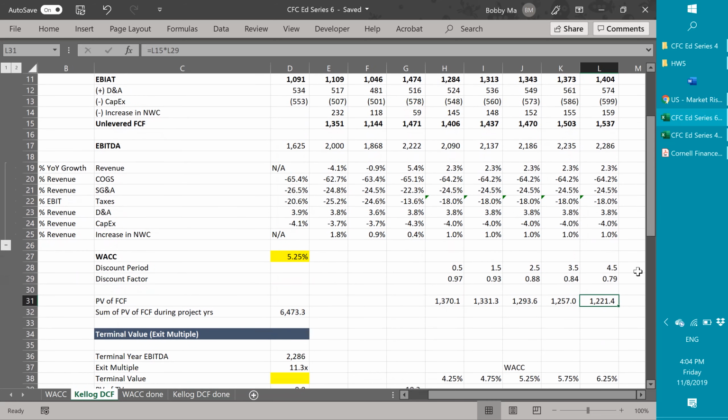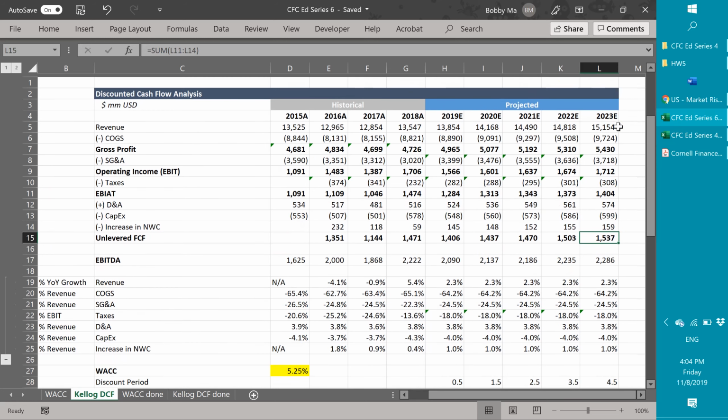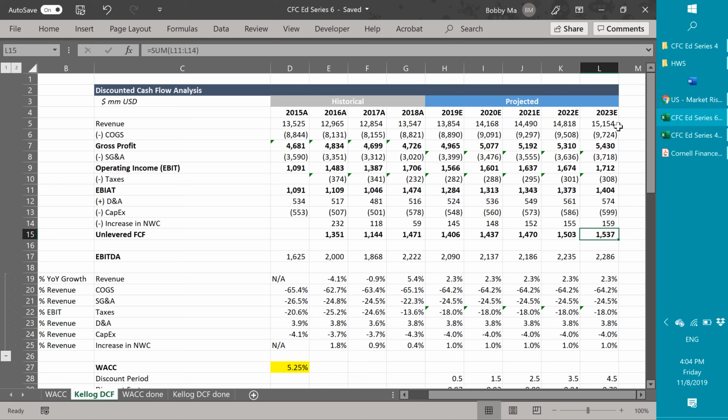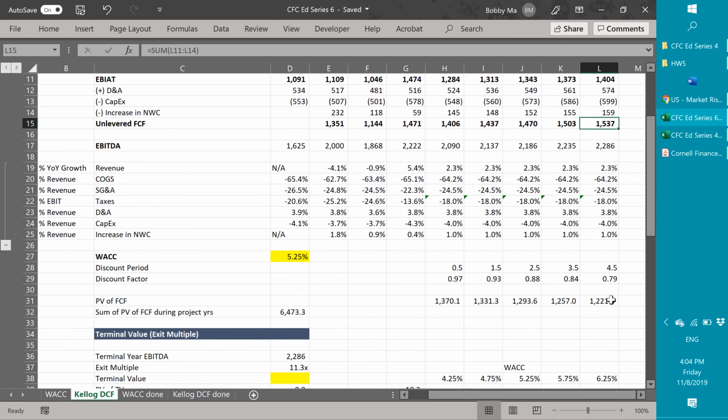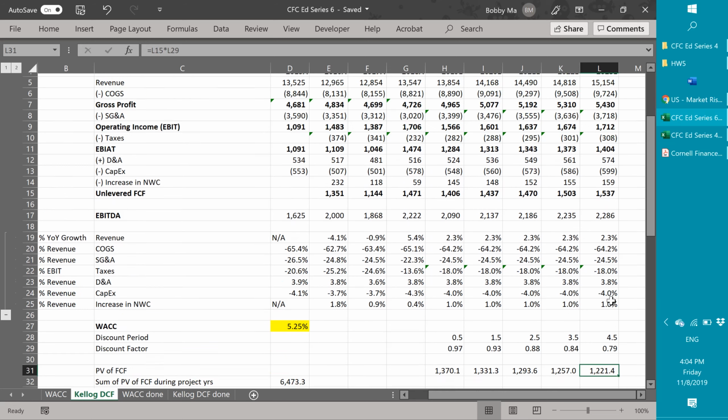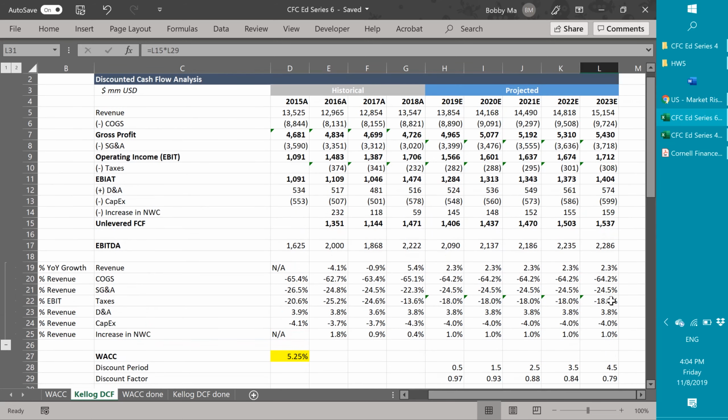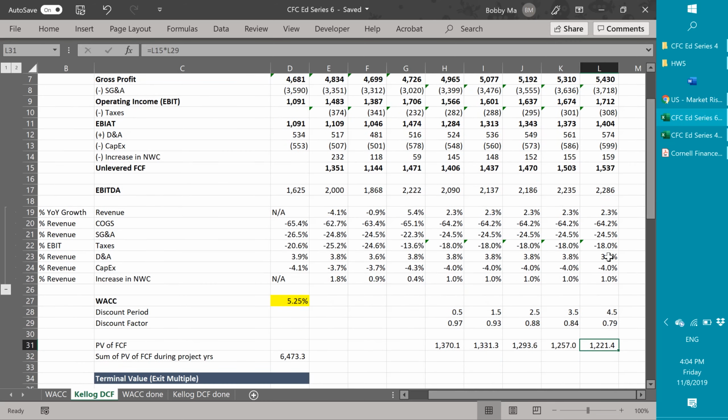And then you can see here that 1,537,000,000 in 2023 is to us worth $1.2 billion at the end of 2018, which is the interpretation of what this means.